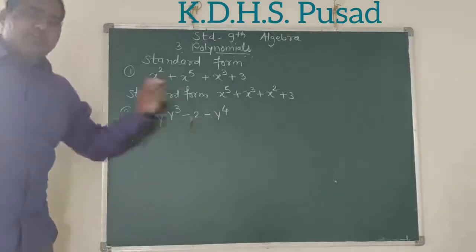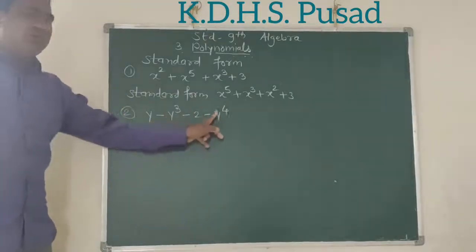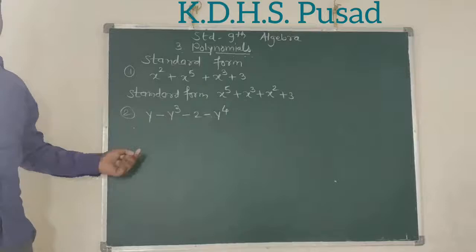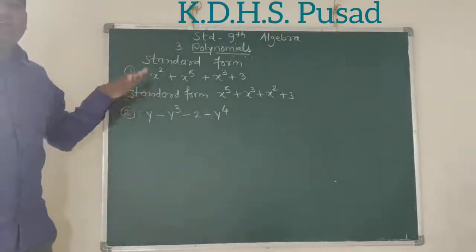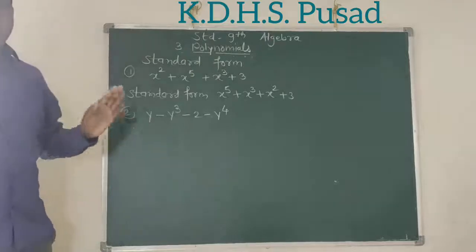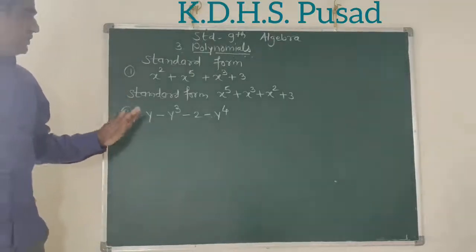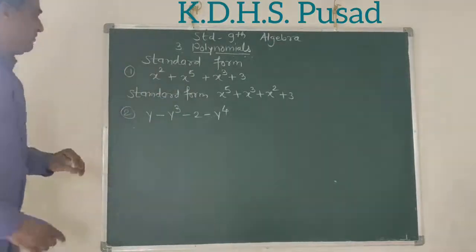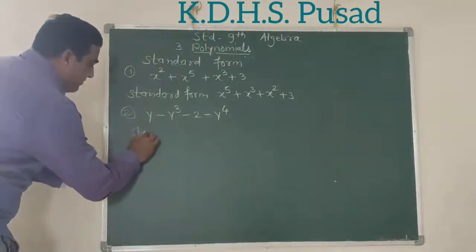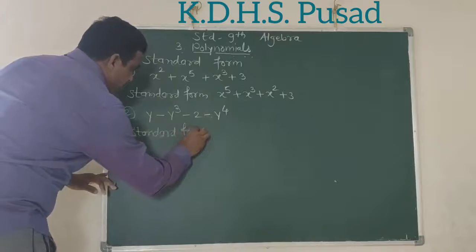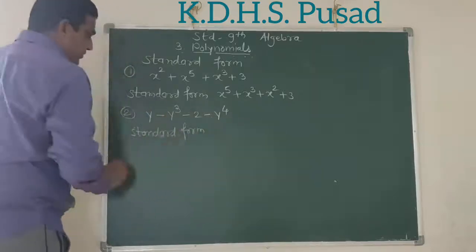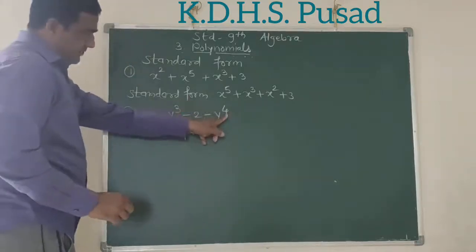Now the second example. Whatever is given, we want to write in standard form. Arrange these terms according to the descending order of their powers. First of all, power 4.